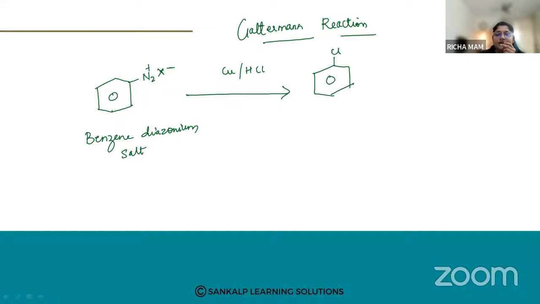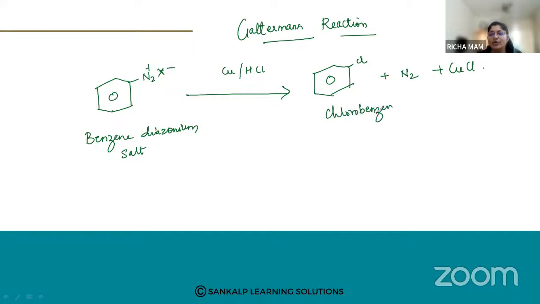I'm going to get Ar-Cl plus N2 plus CuCl. So this is our chlorobenzene.